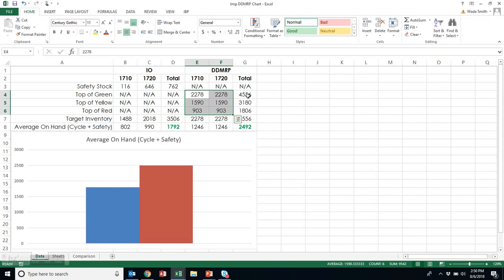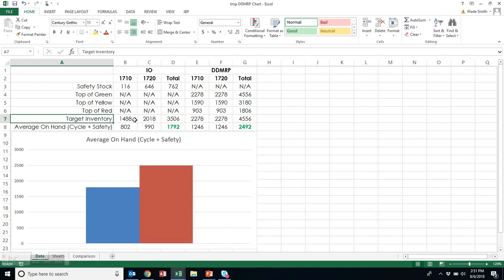The important thing is that 4556 represents the target inventory position for DDMRP, which is just 2278, the top of green, for each location. You can see for IO that the target inventory was 3506 total.